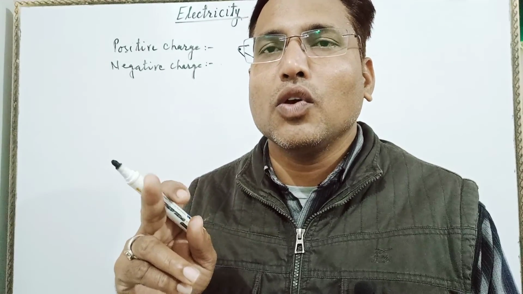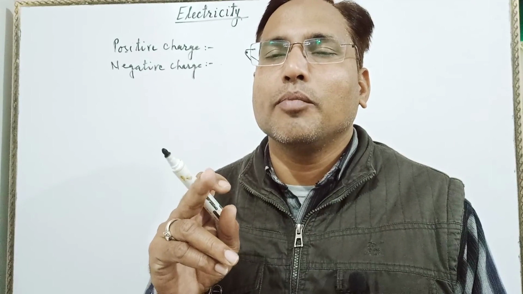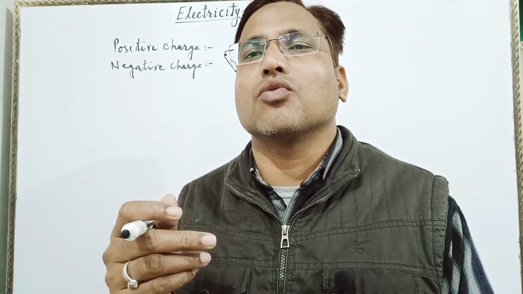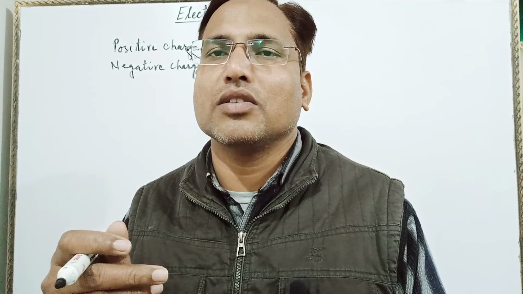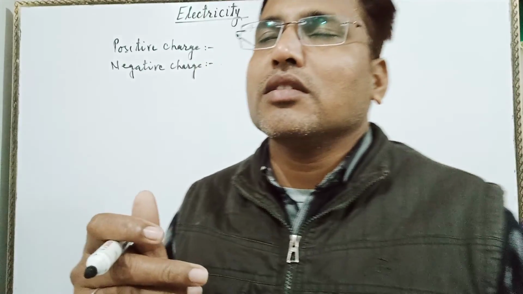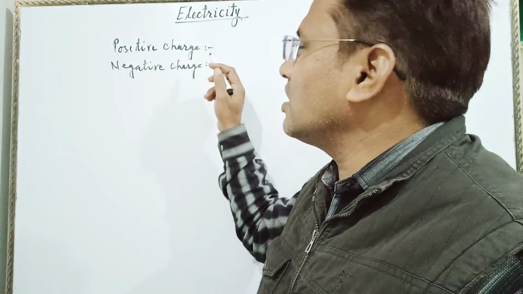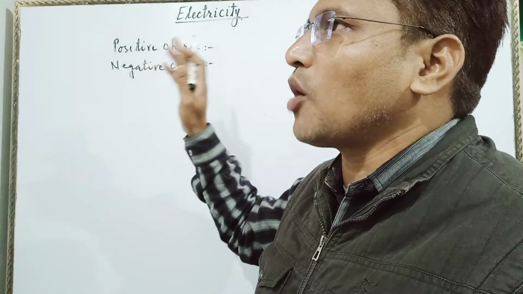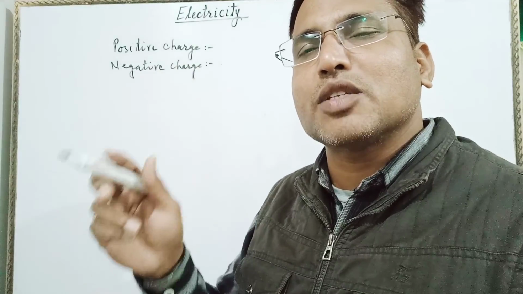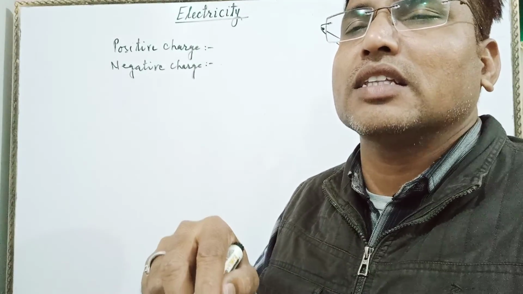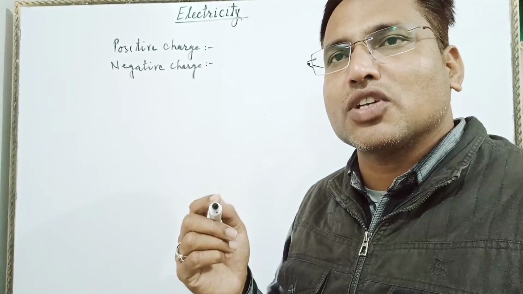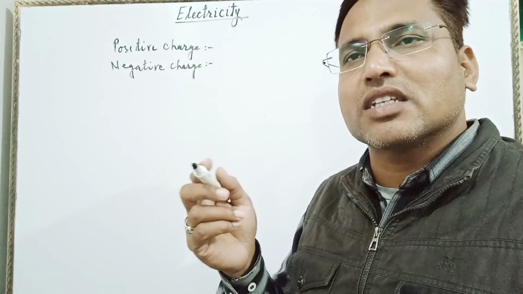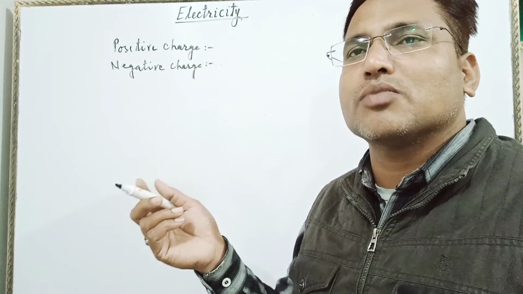The body which loses electrons becomes positively charged, and the body which gains electrons becomes negatively charged. The glass rod, when rubbed over silk, becomes positively charged and the silk becomes negatively charged. When ebonite is rubbed over wool, the ebonite gets negatively charged and the wool gets positively charged.